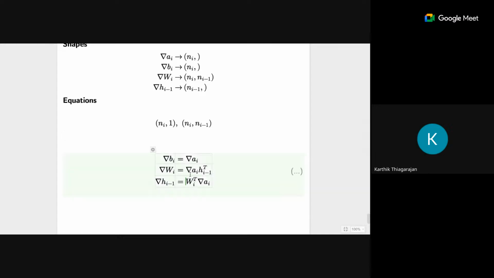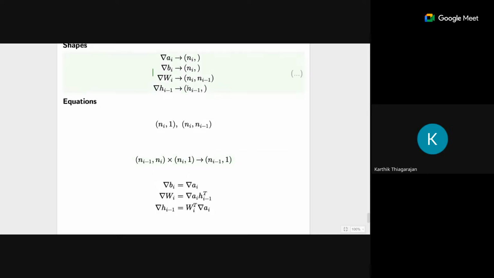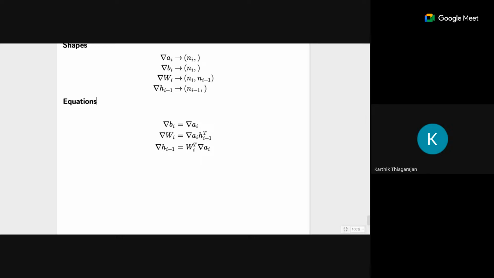Does everyone get this part? W_i transpose will be of shape N_{i-1} comma N_i, right? You reverse it. Then if you multiply this with the gradient of a_i, you will end up with N_{i-1} comma 1, which is what you want. Okay, is this fine with everyone?